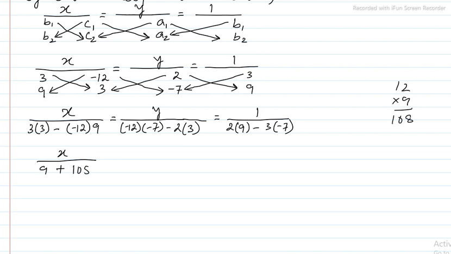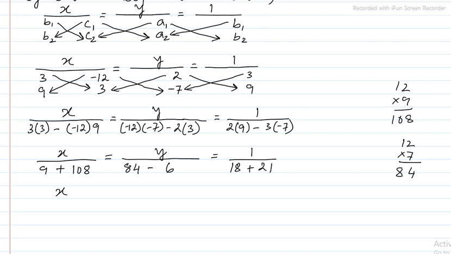So this way we are going to get y upon, 12 multiply with 7, this is 84. So minus 12 multiply minus 7, minus minus plus, so 84 minus 6, and then 1 upon 2 into 9 is 18, minus 3 multiply minus 7, minus minus plus, 3 multiply 7 is 21.